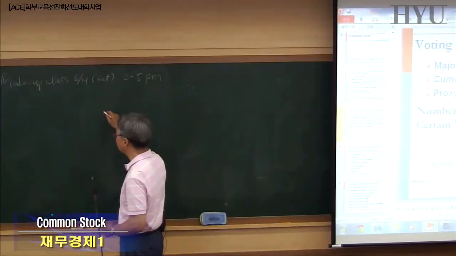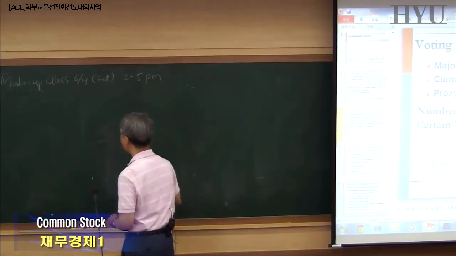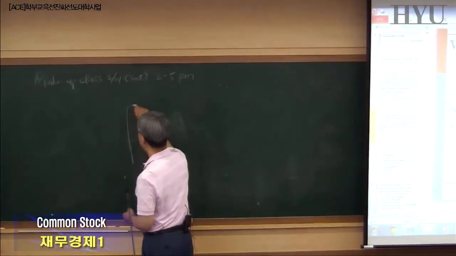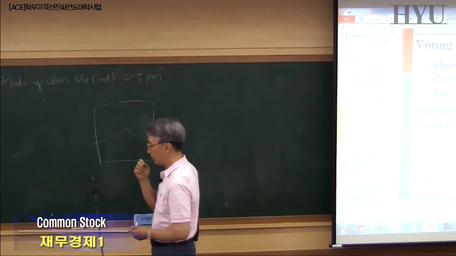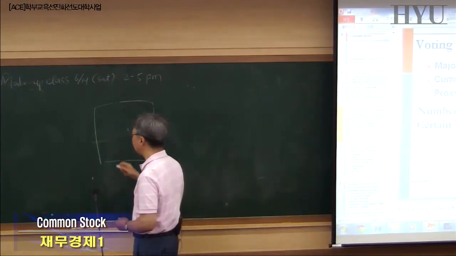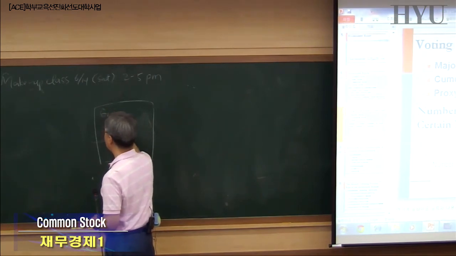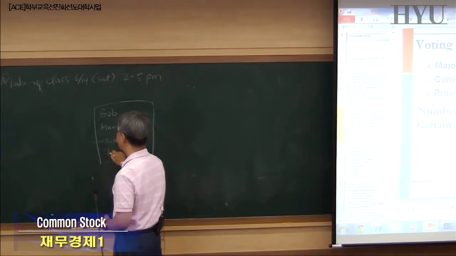To make it easy to understand, let's say you are electing some number of people to your board, and we have candidates Bob, Mary, Judy, Jack.